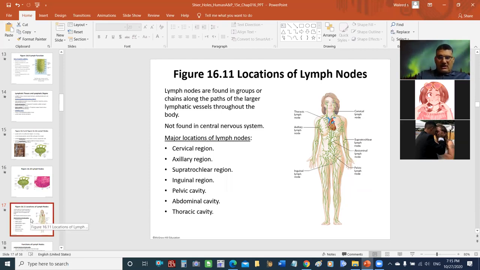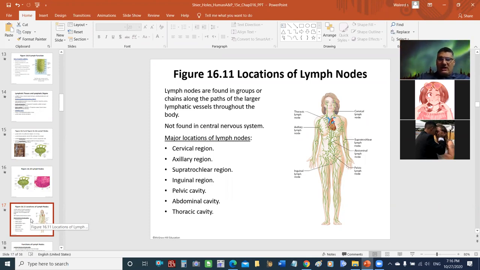If you see something like that, you should know what it is. It's all about location. In the cervix, which is the neck, we call it cervical. In the axilla, you call it axillary. In the supratrochlear region, this fossa right here, you call it supratrochlear. The inguinal region, under your pelvis, the beginning of the lower limb, we call it inguinal.